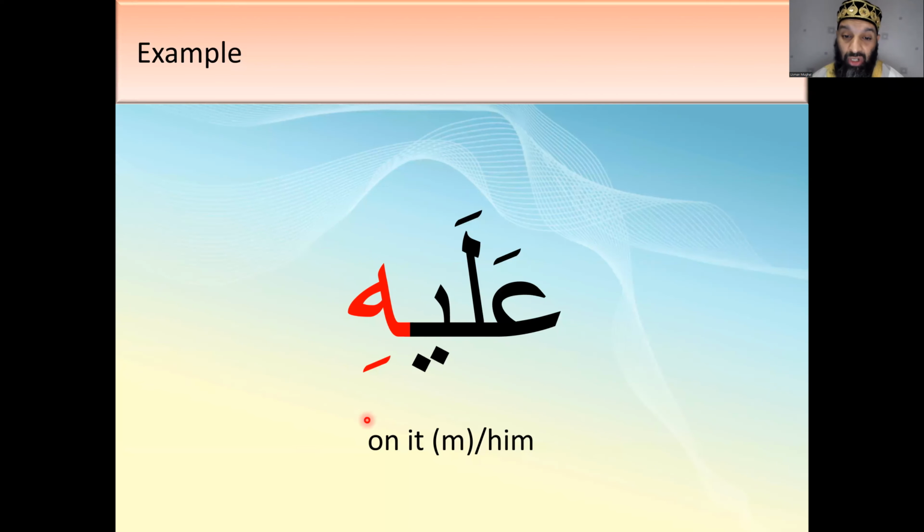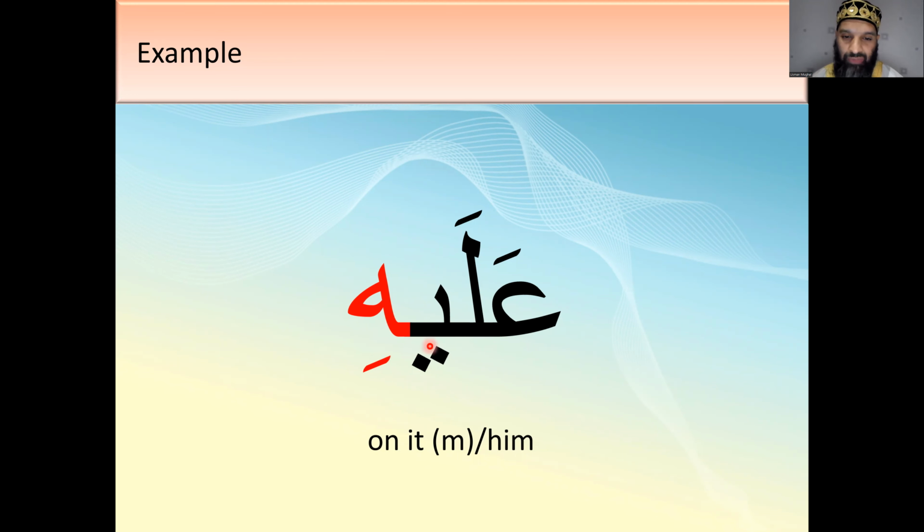So ala means on, and he means him. So alaihi, very good. Very good, brother. Sallallahu alayhi wasallam. May the peace and blessings of Allah be upon him. Alayhi. Right? This is it now. It's coming everywhere.